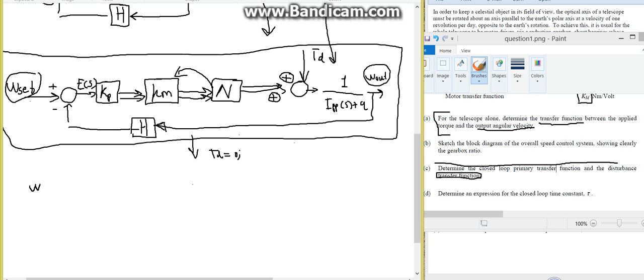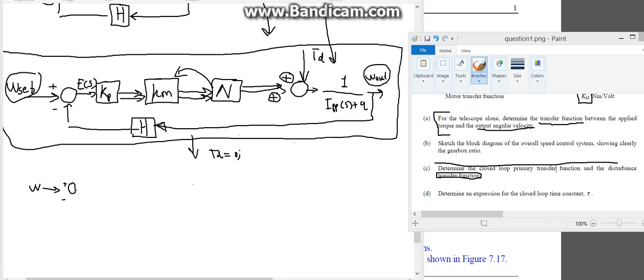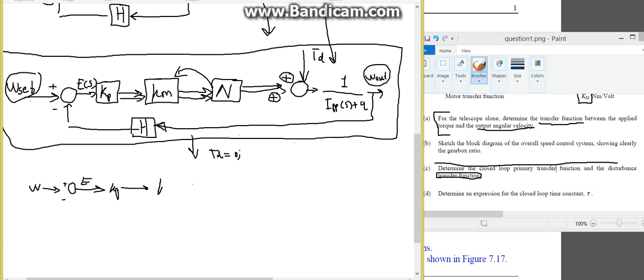your actual block diagram would look something like this. One second. Your actual block diagram would look something along the lines of this. Error signal, your gain, system dynamics, your actual system transfer function.